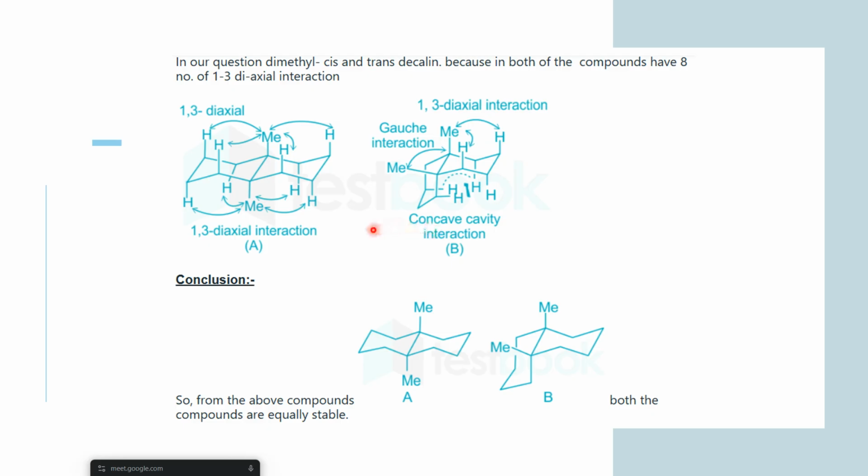Okay, so these 8 possible 1,3-diaxial interactions will make both these molecules equally stable, and both the molecules will have equal amount of energy because of the equal number of 1,3-diaxial interactions in themselves. So you can note down the possible interactions.